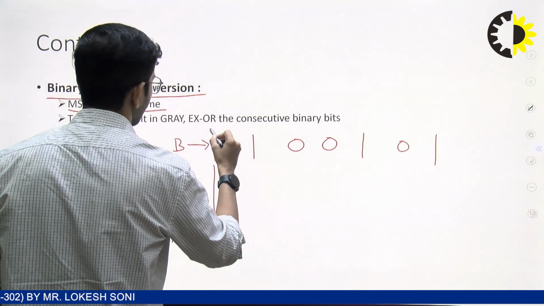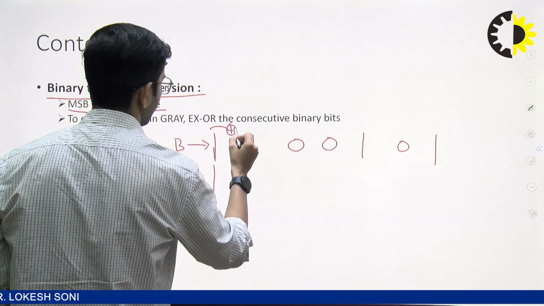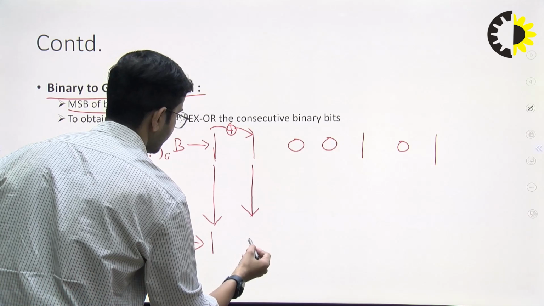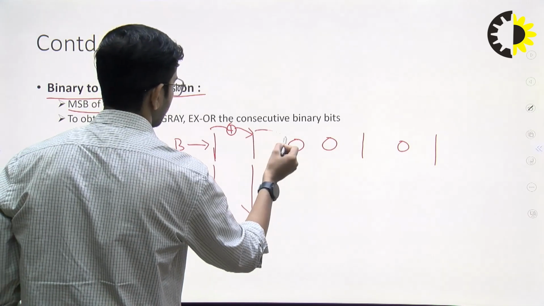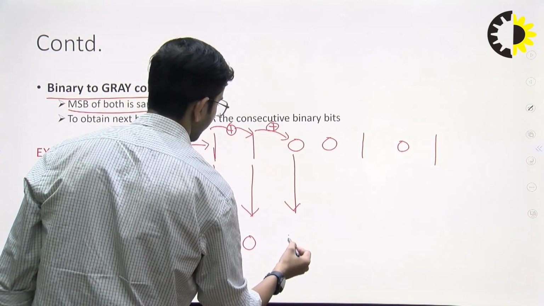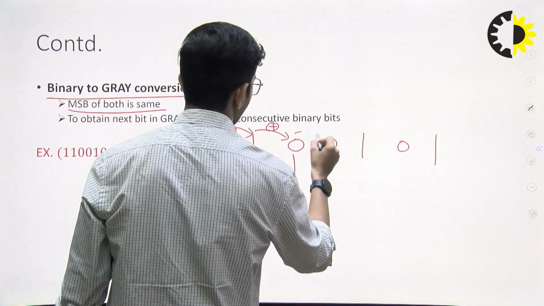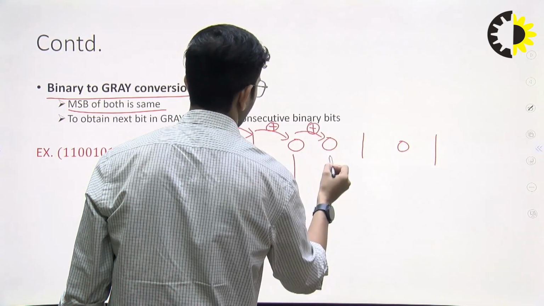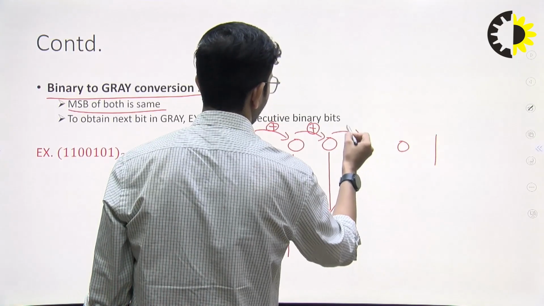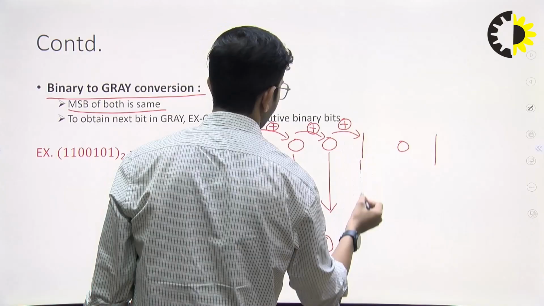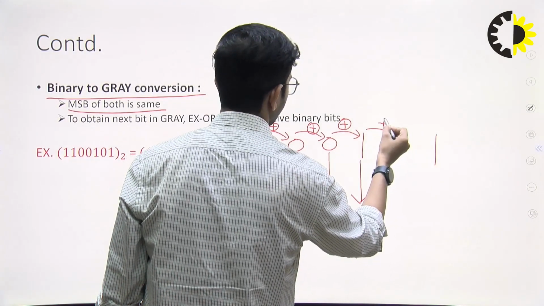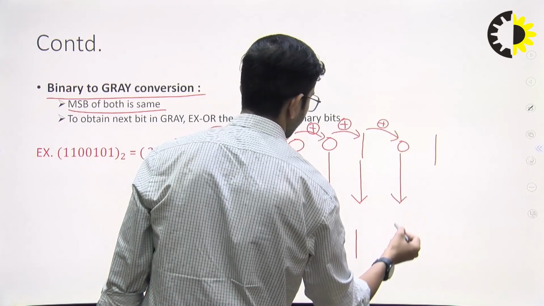That means we have to XOR the consecutive binary bits, like 1 XOR 1, same bits XOR is 0. Again 1 XOR 0, these are opposite, so output will be 1. 0 XOR 0, since these are same, output will be 0. 0 XOR 1, the bits are opposite, so output will be 1. 1 XOR 0, the bits are opposite, so output will be 1.